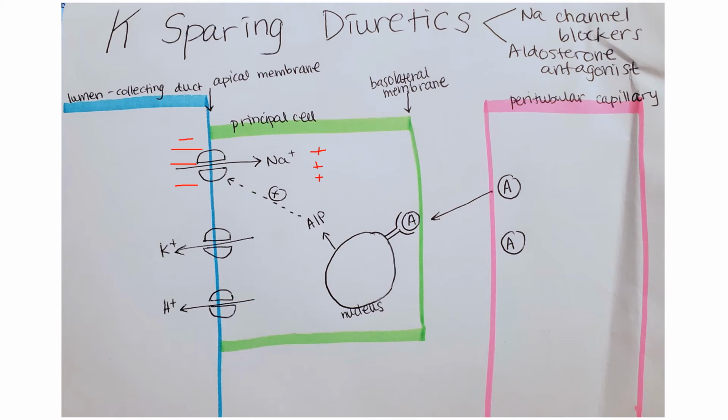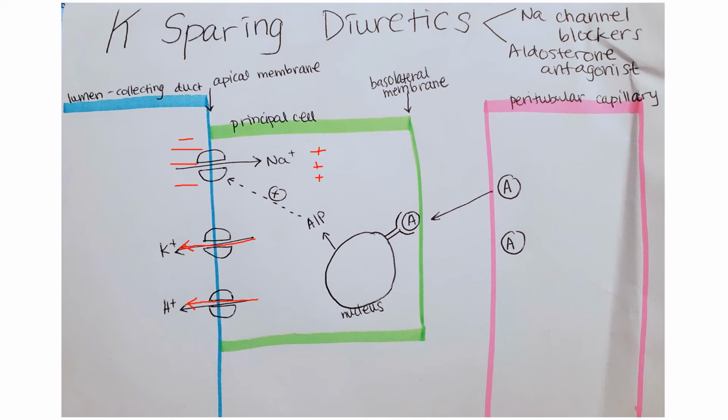Because we've created this voltage or potential difference, potassium and protons, or H+, are excreted into the lumen to neutralize this negativity, as shown here. So potassium and hydrogen go out into the lumen to neutralize this negative charge created by the reabsorption of sodium. All right.